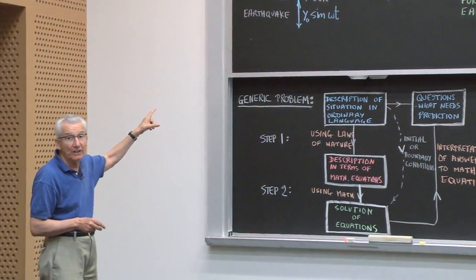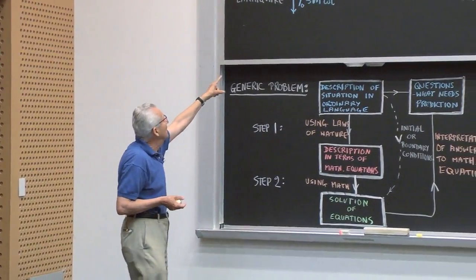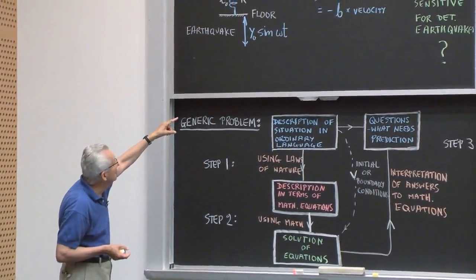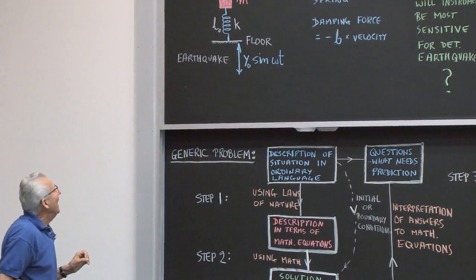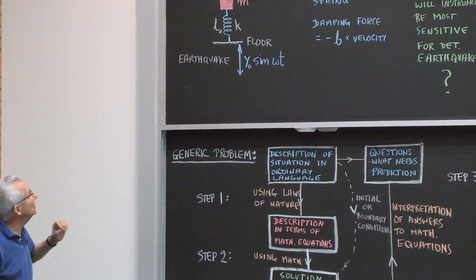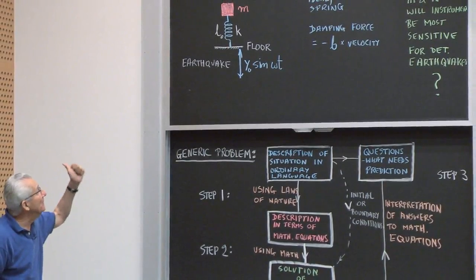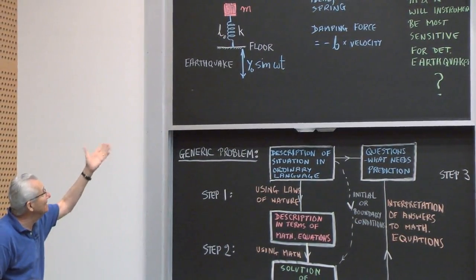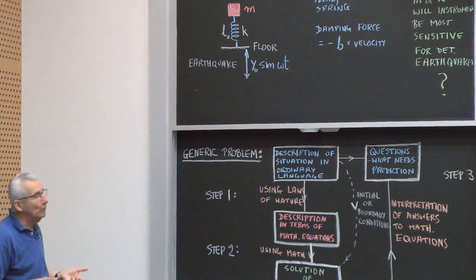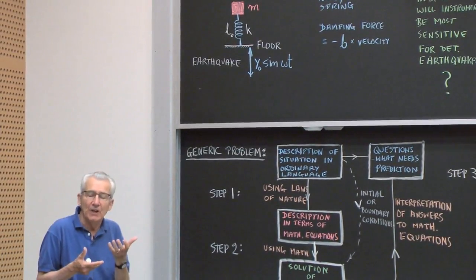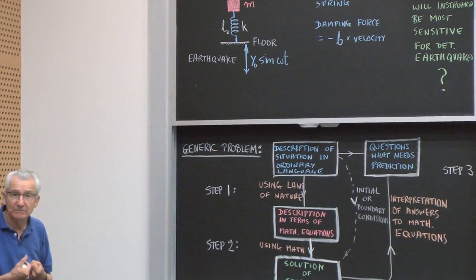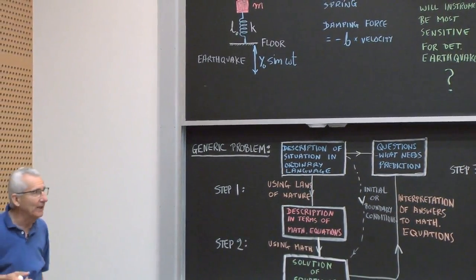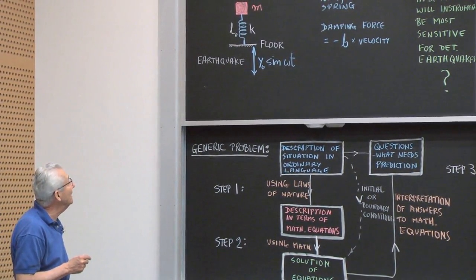The floor is oscillating by an amplitude y0 sine omega t. So my assumptions are the spring is ideal, massless. It obeys Hooke's law. That's the ideal part. I will again assume that there is a damping, which will be proportional to the velocity, for the same reasons as I took the other one to be proportional to the velocity, okay?